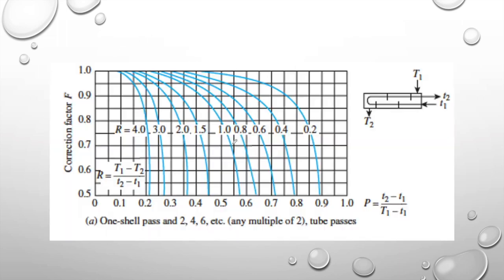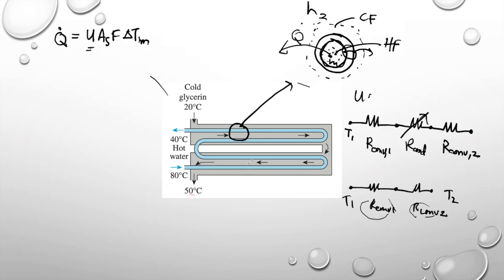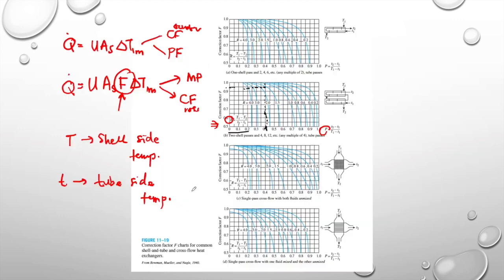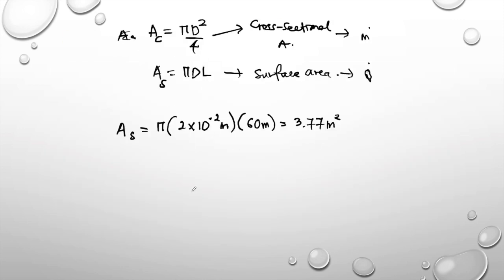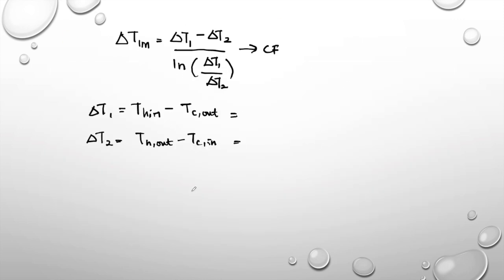Now we can refer to this figure. Actually, it is up to you whether you use this as delta T1 or that as delta T1. You subtract the lower value from the higher value: 40 minus 20 and 80 minus 50. It can be changed, depending on you.